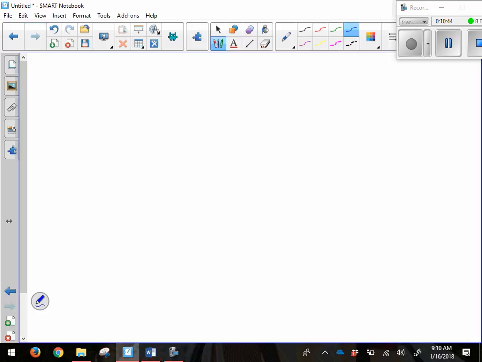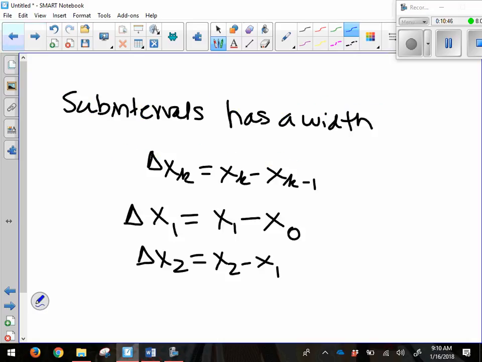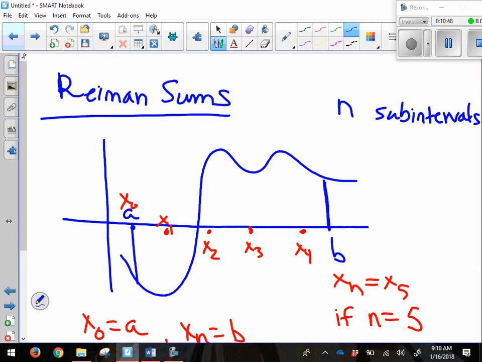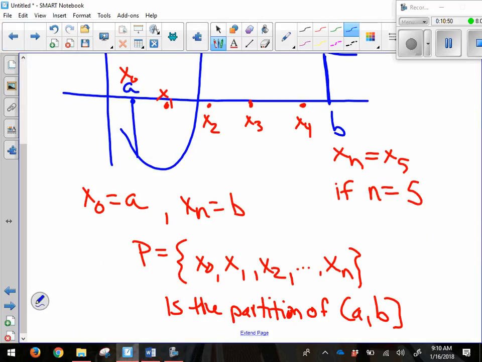Okay, so what these ck's are, if we go back to our graph, is just a point within each interval that I'm going to use in a minute to make the height of my rectangle. So I'm going to make them green just because I need a color.